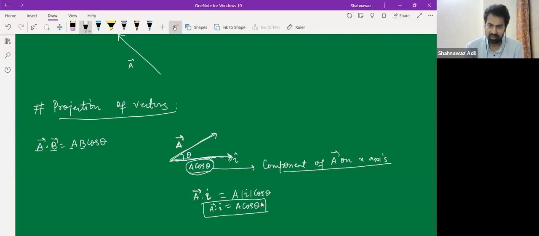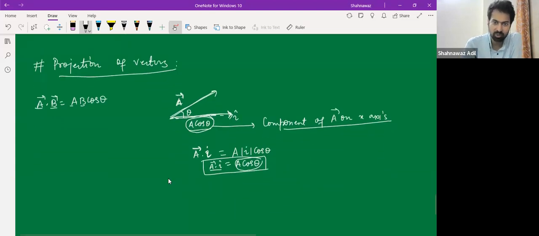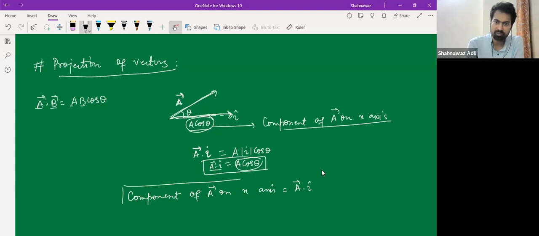So you can see that this A cos theta is the component of A on the x-axis. Right? The component of A on the x-axis is A cos theta. So we can write in dot form that the component of A on the x-axis would be A dot I. Is this part clear, guys?